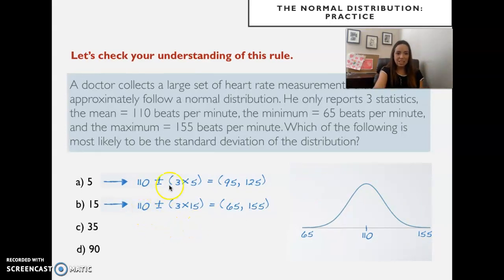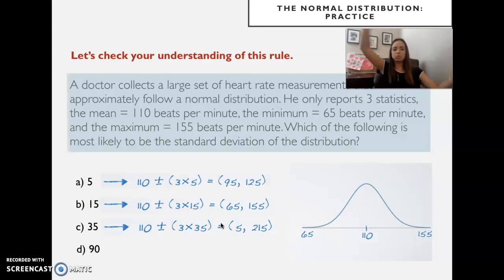In this case, if I substitute the standard deviation with 15, I see that 65 and 155 pretty much grabs all of the data, which is the expectation in a normal distribution, right? Close to that, close to 100%. So this would be the right alternative. Note that if I tried 35, that's way out. You would go from 5 to 215.